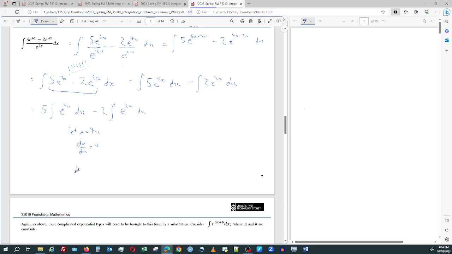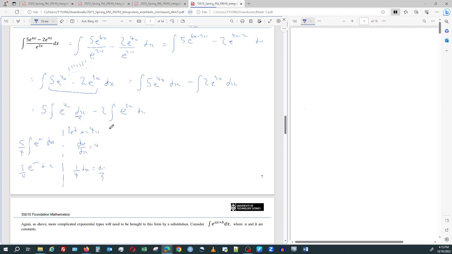So 1/4 du is equal to dx. So we've got du. We've got a 5 out the front anyway. Now we've got 1/4, so we'll just put it like that. And e to the u. So now we've got the integral of e to the u. Well, we know what that is. 5/4 e to the u plus c.